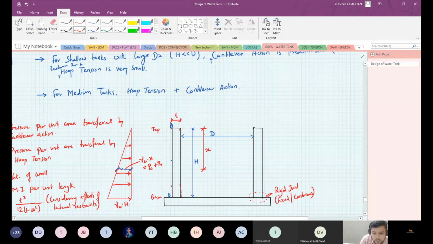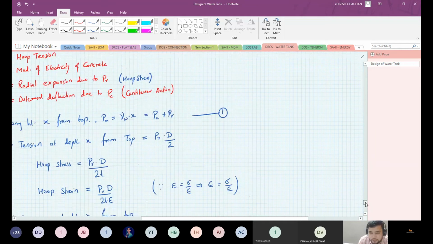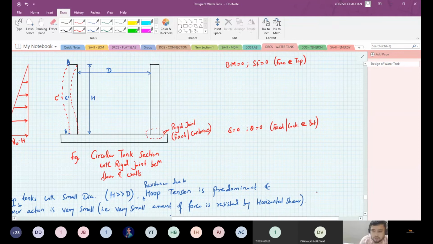So at x equals h, you are at the base. What is the condition at base? At base, your delta is 0, which means your deflection is 0 and slope is 0. Okay, at base, these two conditions.